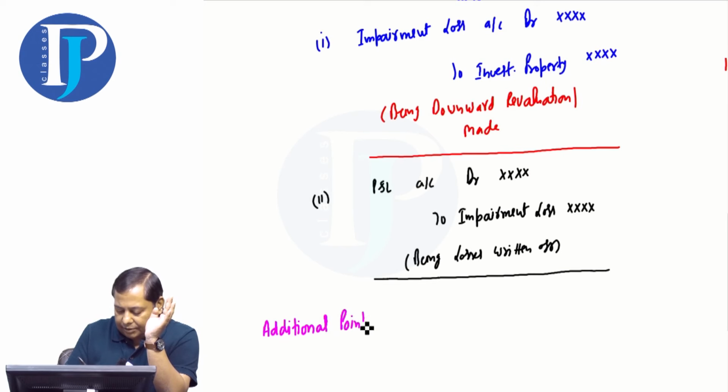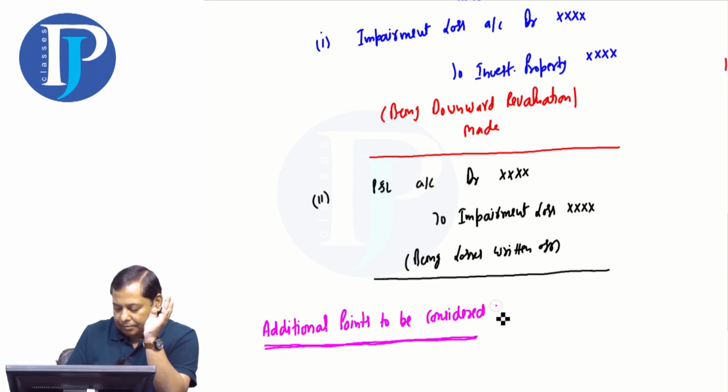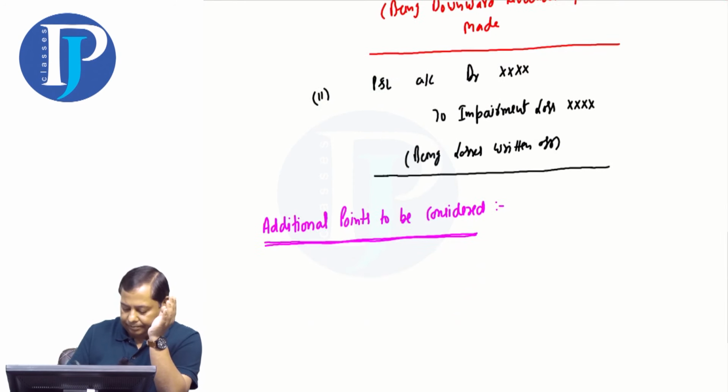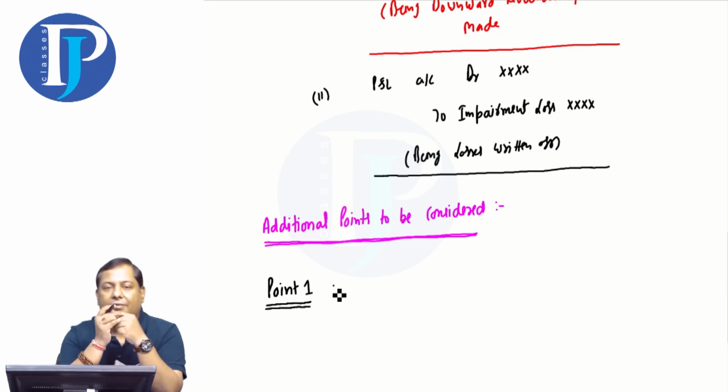Additional points to be considered. Point number 1. What would it be?